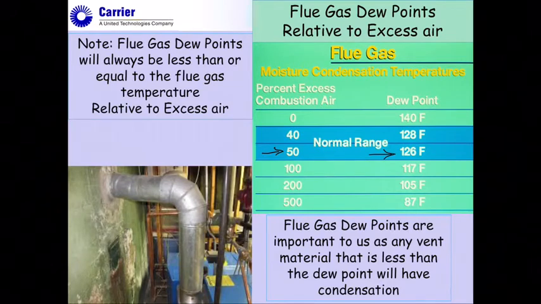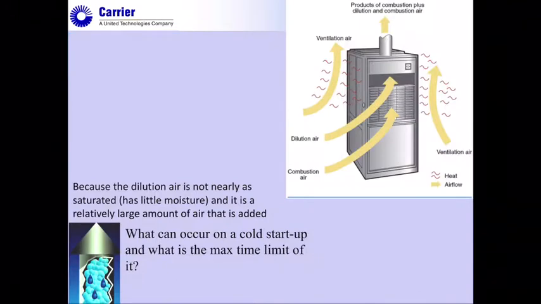So it's really important for us to understand that dew points allow us to understand the materials, the issues we're going to have, and how that impacts condensation. It's really a matter of dew point in our applications.